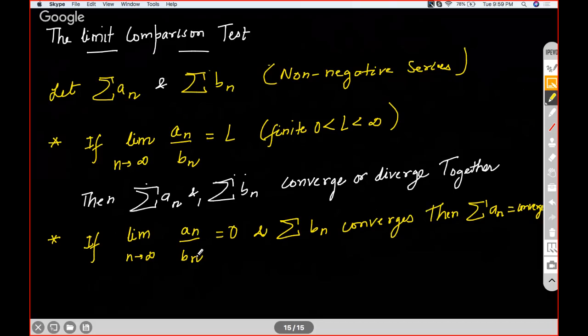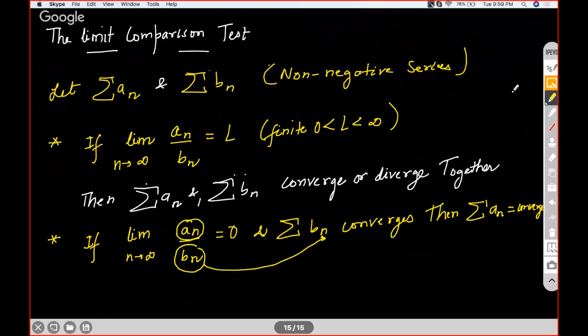Why is that so? Because now you're trying to say that this term is actually higher than this term, in degree also. So if the denominator converges, the numerator will also converge.